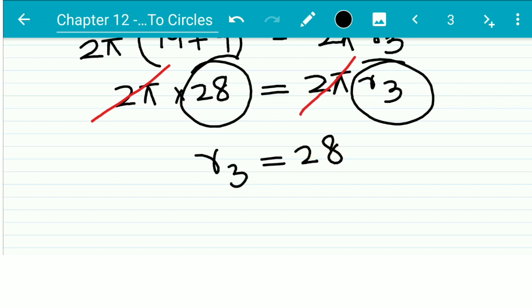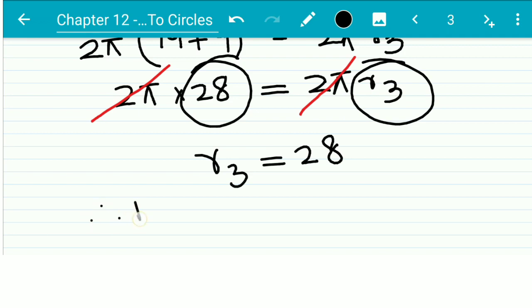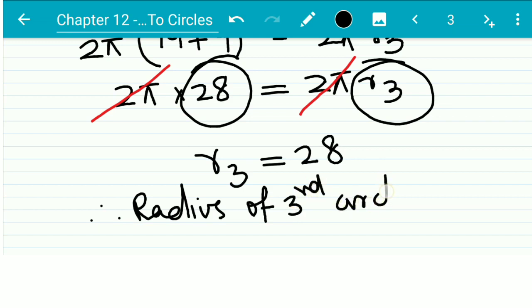That's what we need to find here. See the question, find the radius of the circle. So you write, therefore, radius of third circle equal to 28 centimeter. Don't forget to write the unit.